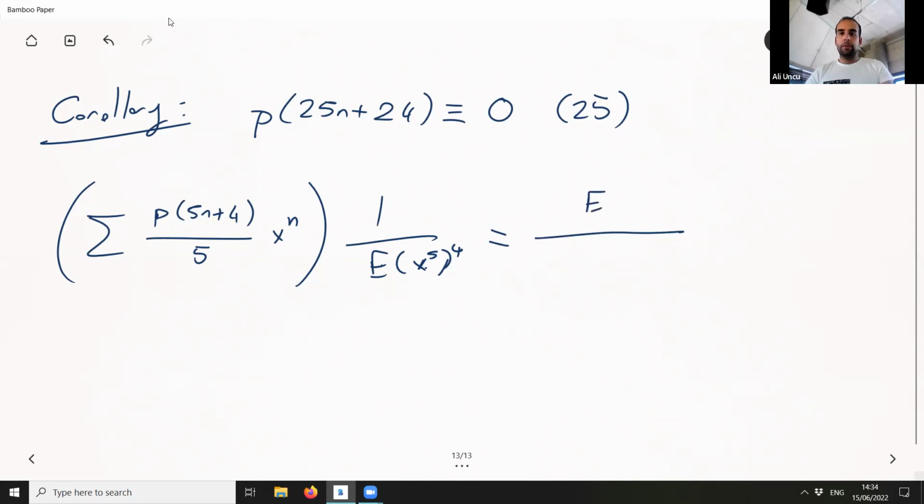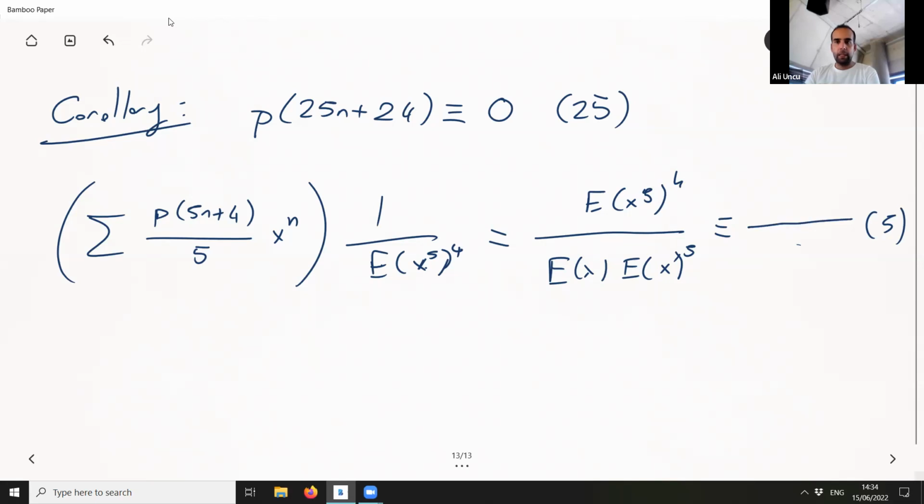So e of x^5 to the 4, e of x, and e of x^5. And use Fermat's little theorem, modulo 5, to pull that 5 in, right? Fermat's little theorem was saying that you can just take the exponent from outside to the inside, and that would give you what you need, basically.